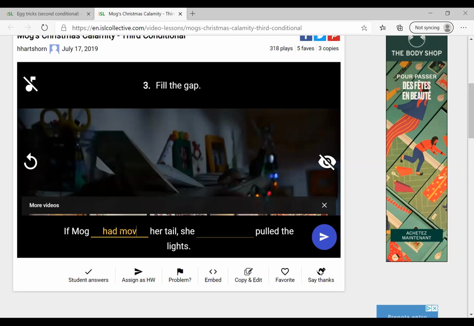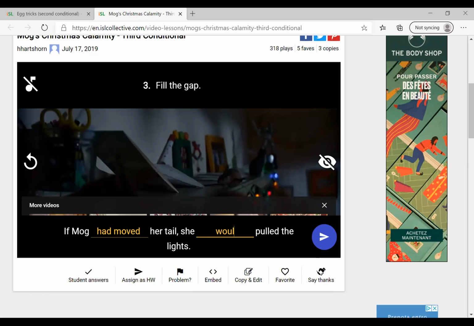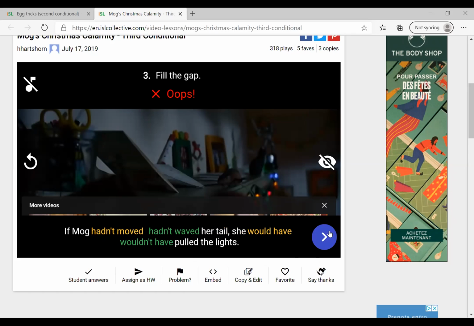Had maybe moved. Moved. Tail. She would have pulled the lights. If Mog had moved, she would have pulled. Or if Mog hadn't moved, she would have. Okay, hadn't moved her tail, she wouldn't have pulled.